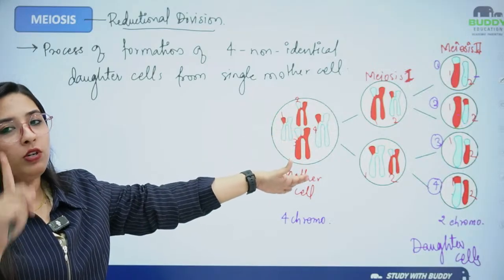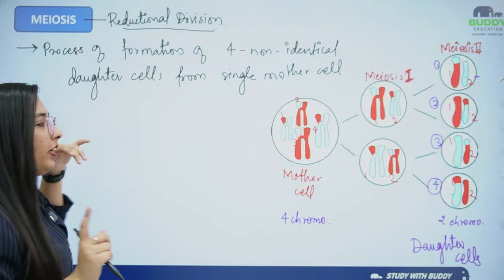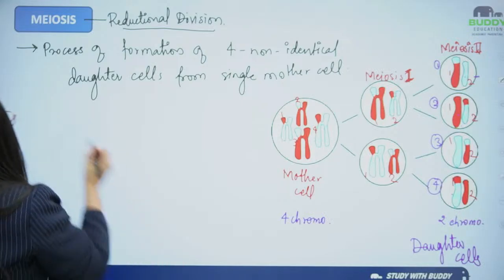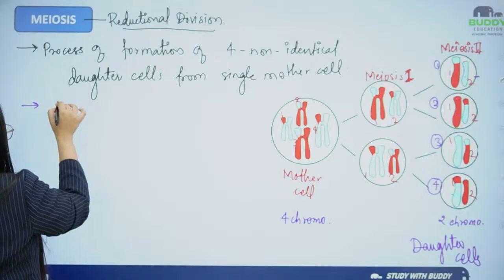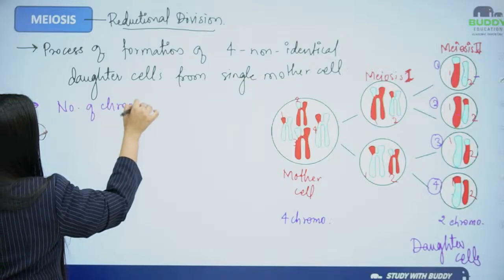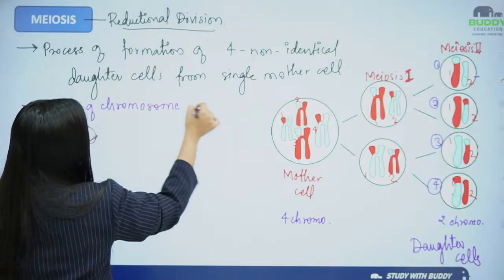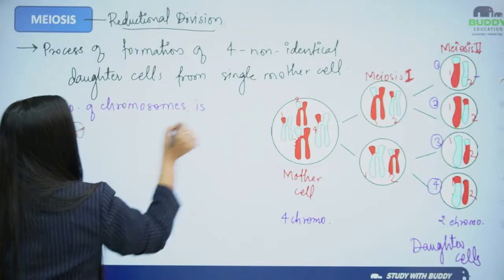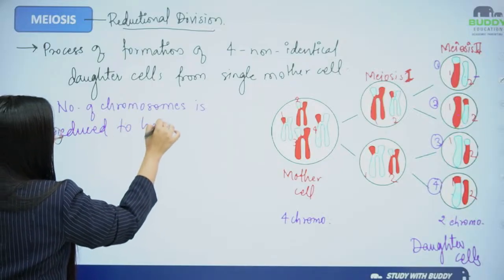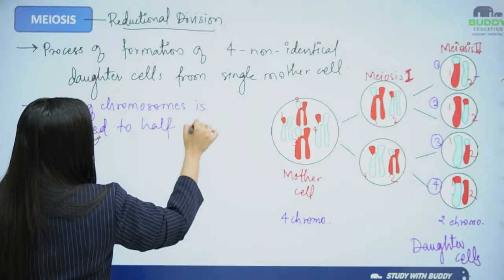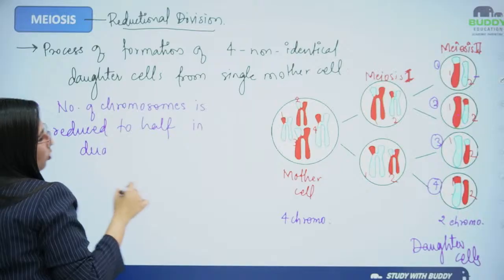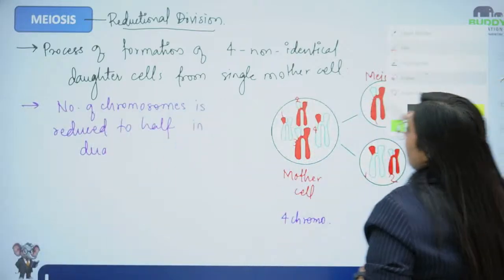Talking about only 1 daughter cell, not chromosome, the number of chromosomes is reduced to half in daughter cells.